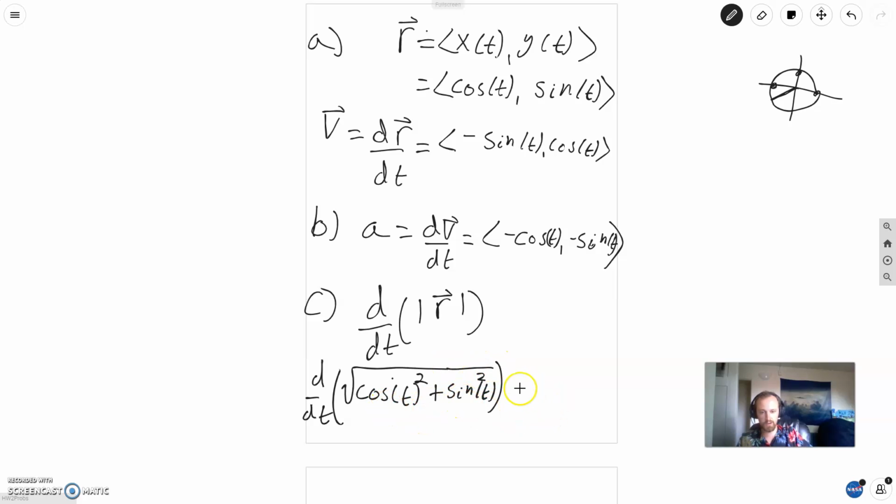Cosine squared plus sine squared always equals 1. So we're taking the derivative with respect to time of 1. And of course, the derivative of a constant is always 0.